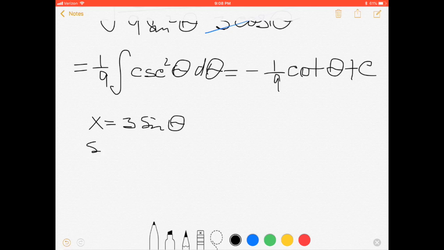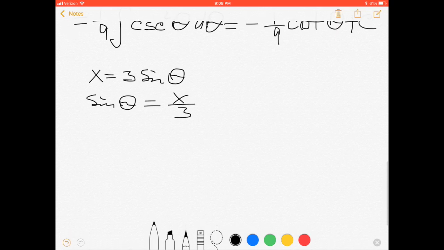This means sine theta equals x over 3. If you draw a right triangle with one angle theta, because sine theta is x over 3, this means the opposite side is x and the hypotenuse is 3.